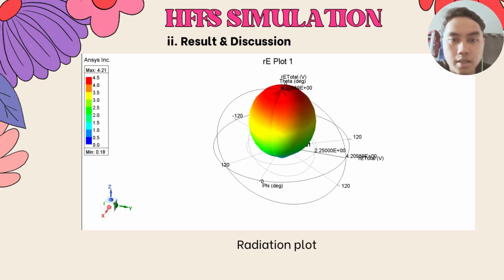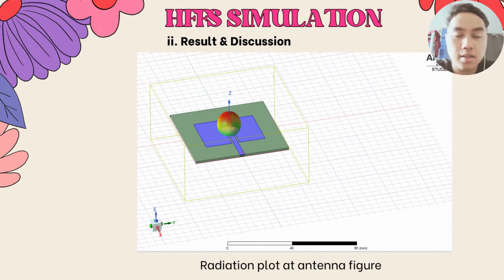Okay, next, this is the radiation plot. As you can see, the plot is here. Next, this is a radiation plot of the antenna design. As you can see, it is at the bottom of the antenna plot, right there.